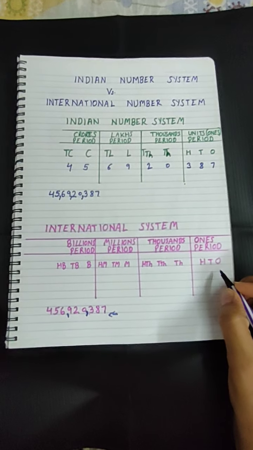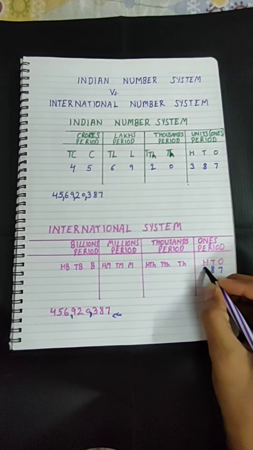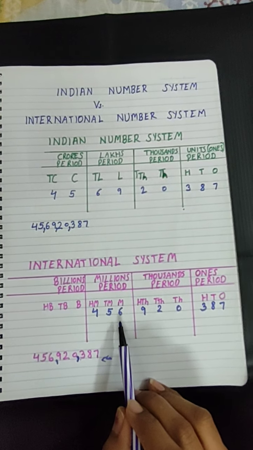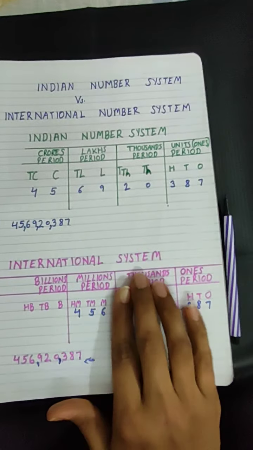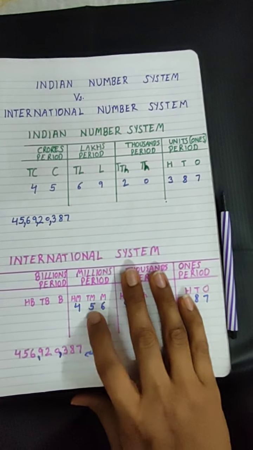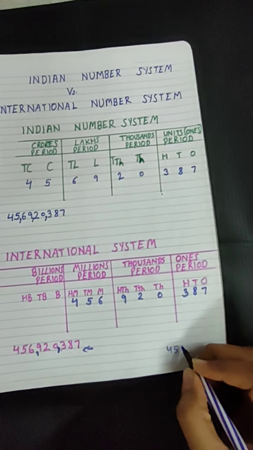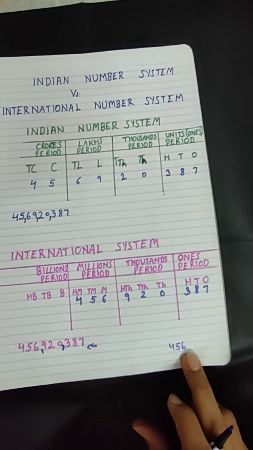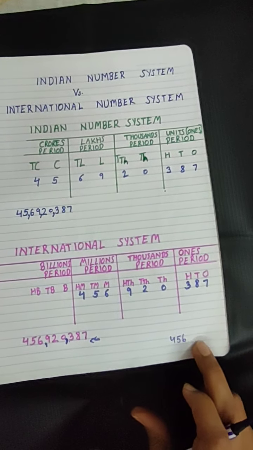Now let us write this number in this table. For reading this number, we'll use the same method as we did in Indian number system. Just suppose that you have a number 456. You don't know its period. How will you read 456? A 3-digit number is read as 456.